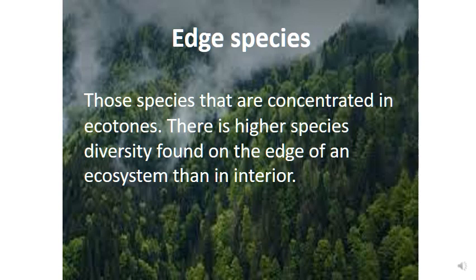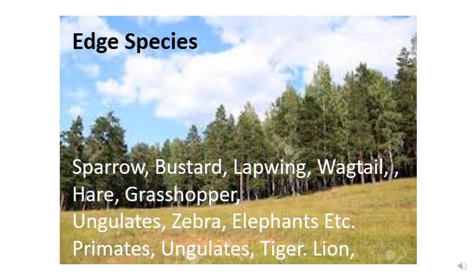Edge species are those that are concentrated in ecotones. Higher species diversity is found on the edge of an ecosystem than in the interior. And these species may be many bird species. Suppose in between grassland and forest we have sparrow, bustard, lapwing, wagtail, hare, grasshopper.